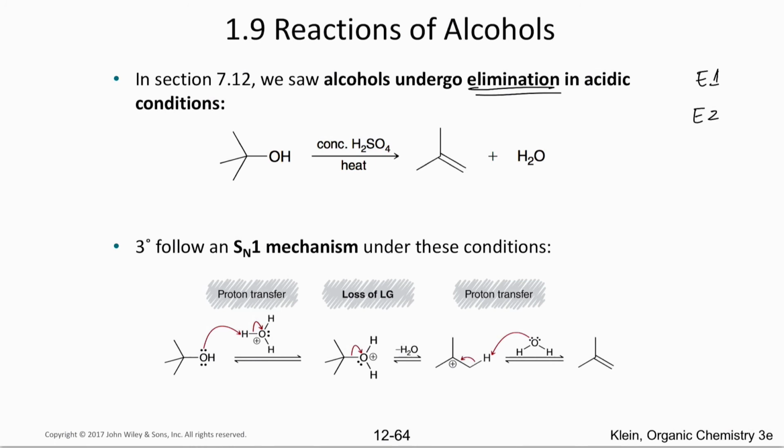We'll talk about it further, but in general, whenever you have a tertiary alcohol that reacts with concentrated H2SO4, it forms an alkene and releases water. A tertiary alcohol uses an SN1 mechanism under these conditions. Here, it also does the same process, but the difference is that there is no substitution, but there is elimination. So let's look at the process and how it works.